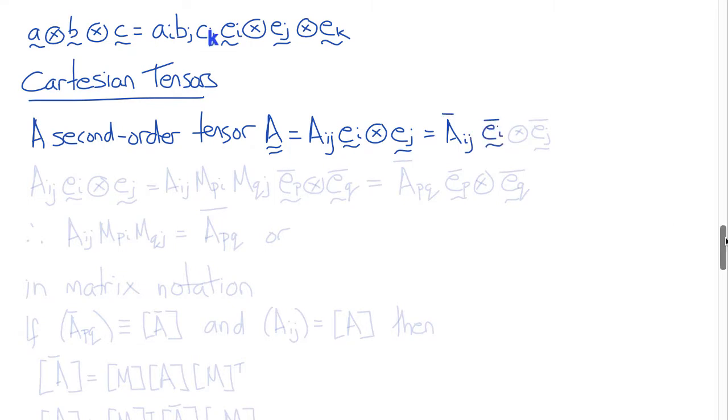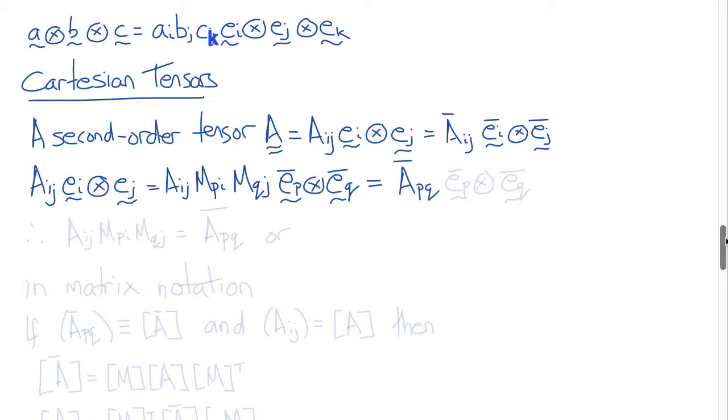So a second order Cartesian tensor A has components A_ij e_i dyadic e_j, and in a different frame of reference, those components A_ij bar would be referred to e_i bar dyadic e_j bar.